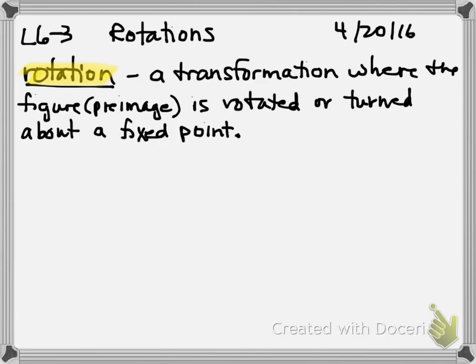Because I'm just taking a shape and rotating it around, I'm not changing its dimensions at all. I'm just changing its orientation. So it has a commonality with translation and a reflection, that the preimage and the image remain the same, or congruent.